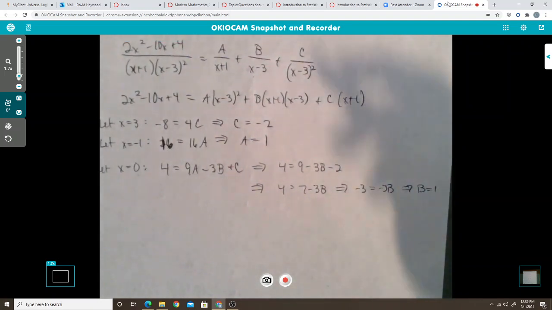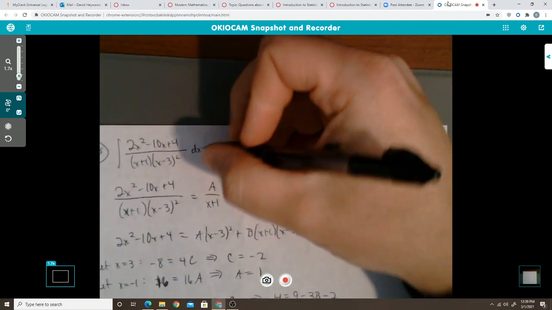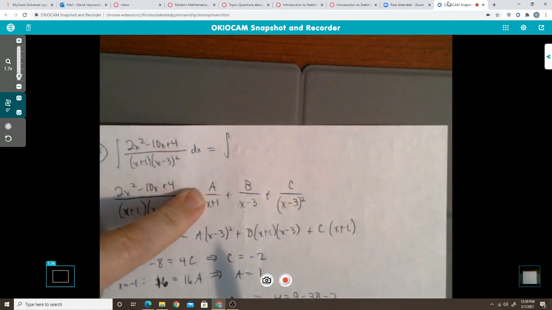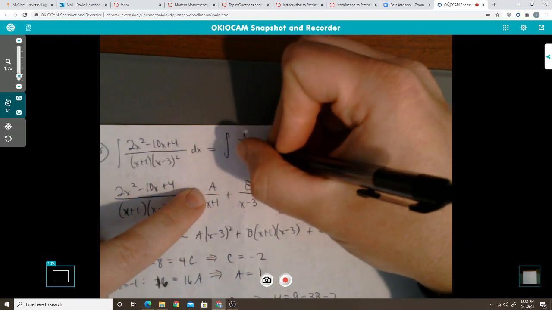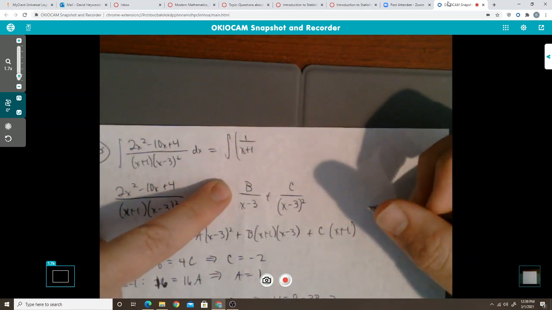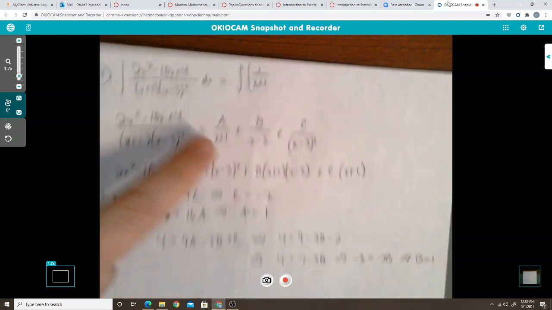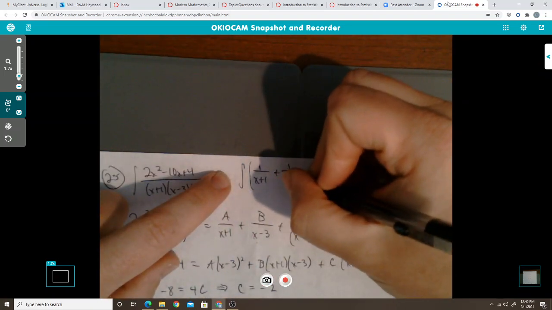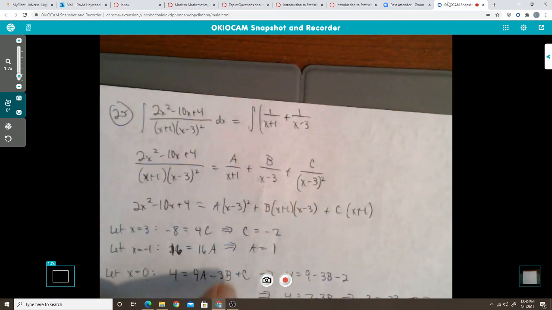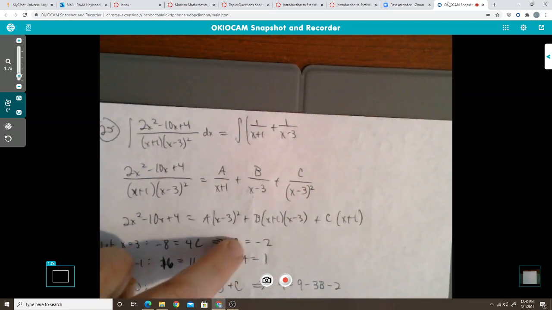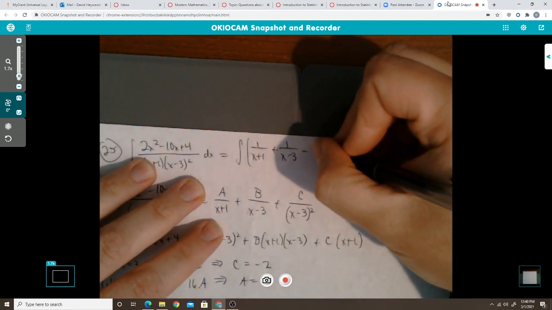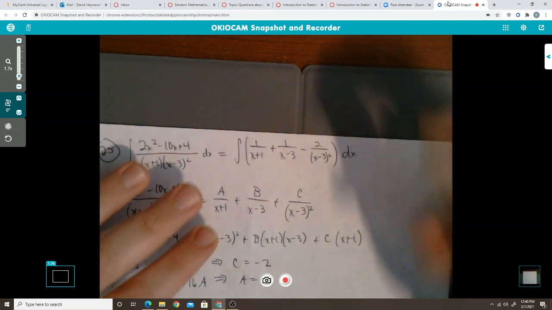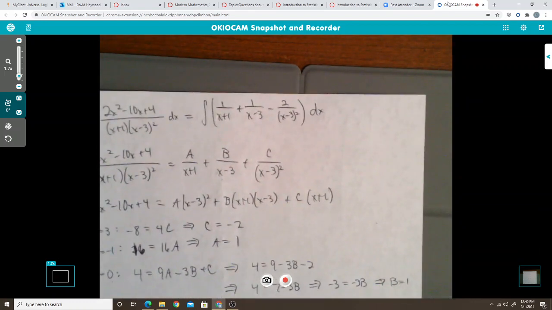So this original integral now is going to be the integral of a over x plus 1, that's 1 over x plus 1, plus b over x minus 3, b was also 1, so plus 1 over x minus 3, and then c over x minus 3 squared, so that would be minus 2 over x minus 3 squared dx, right?